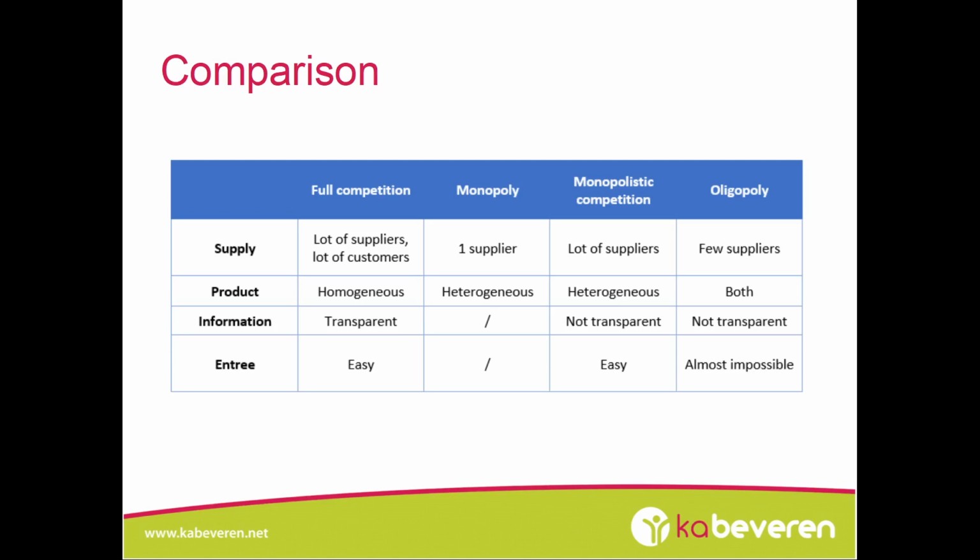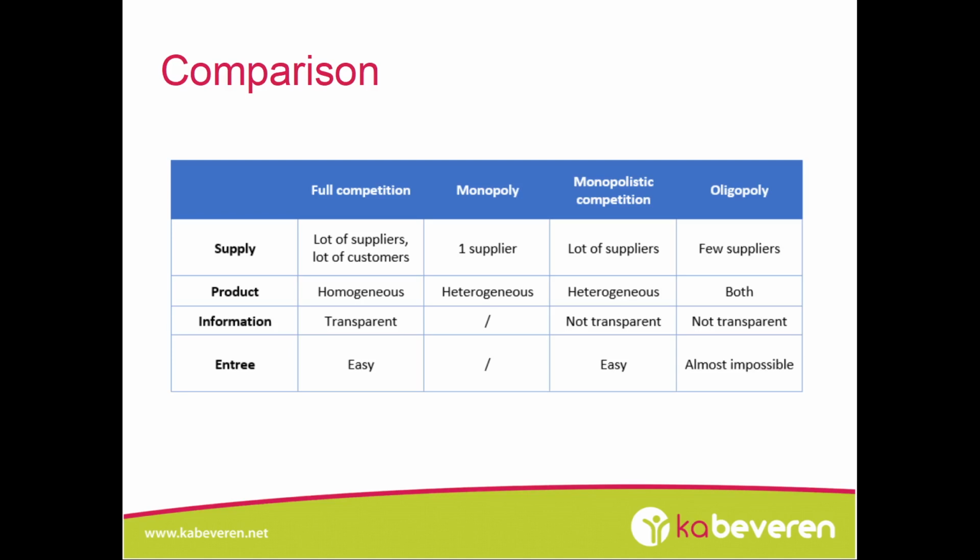Why are the jeans from Hollister so pricey or more expensive than H&M? Are they of better quality? Or is it just the brand that we are paying for, because Hollister is so well known? The consumer does not know the fair value of these products. Oligopoly, same thing, not transparent. The consumer does not know everything.